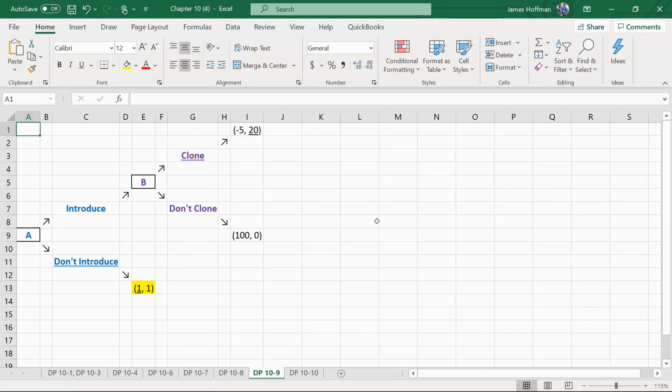Okay, so here I did this game tree in Excel. If you want to use that as an example, or again, if it's a better option for you to just illustrate this with pen and paper, you can do that too.